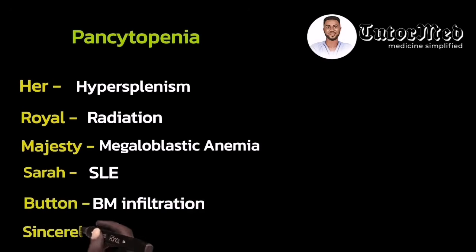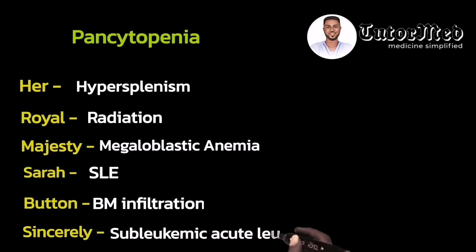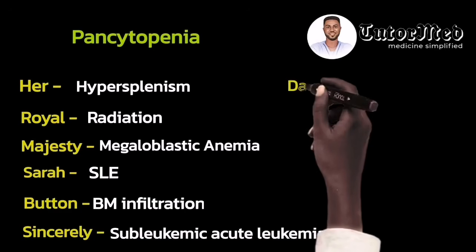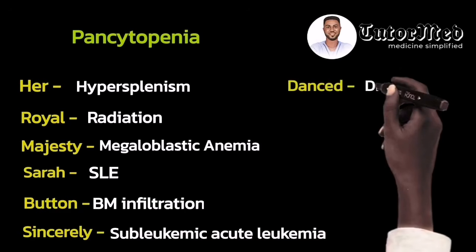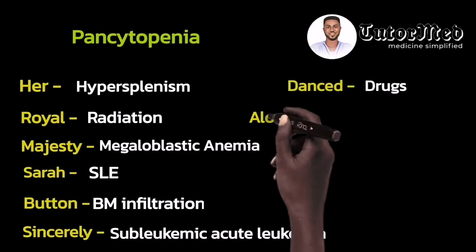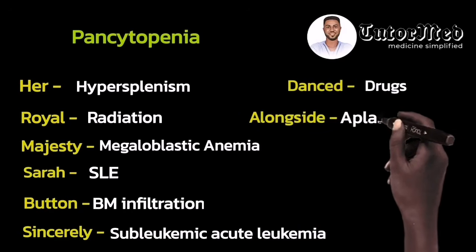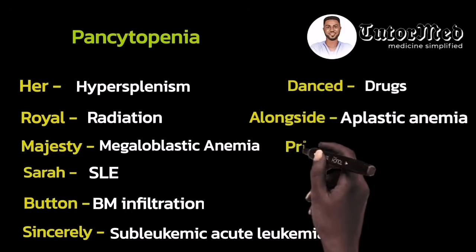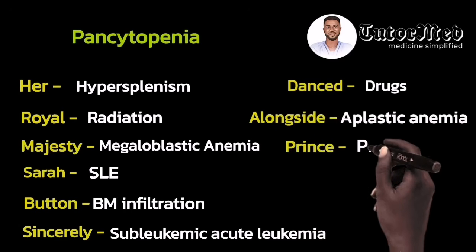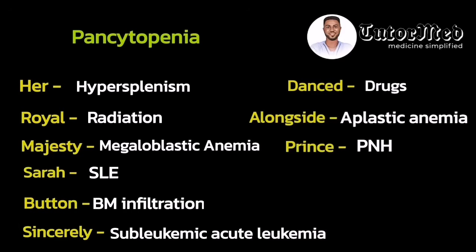Sincerely for subleukemic acute leukemia. Danced for drugs. Alongside for aplastic anemia. Prince for paroxysmal nocturnal hemoglobinuria, PNH. And then Callister for chemotherapy.